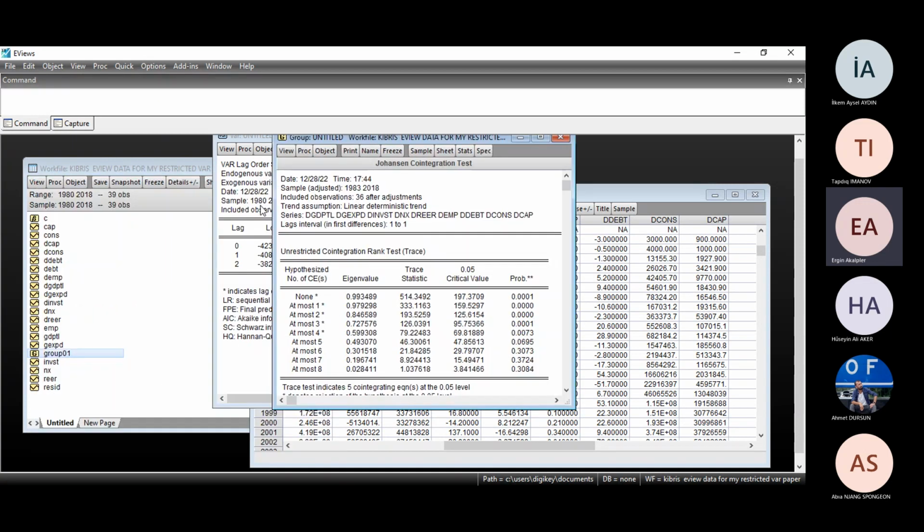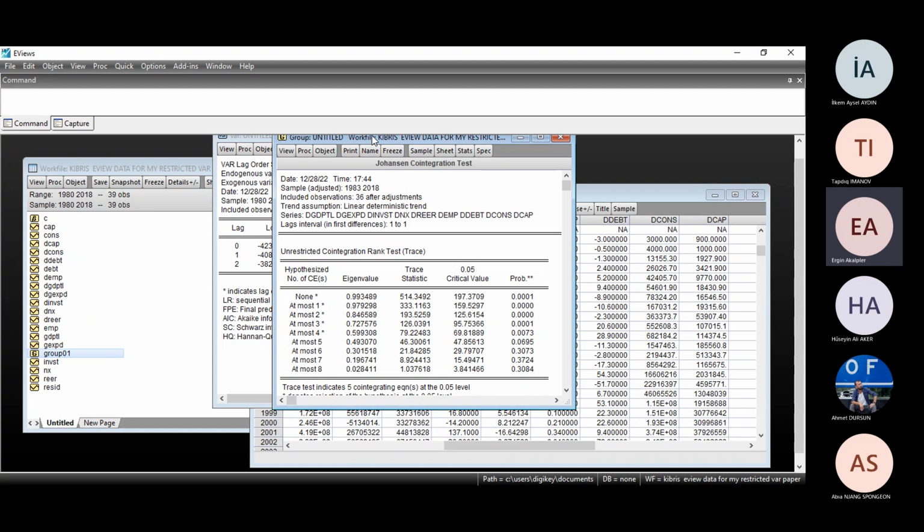Then we have this, and when we are looking here, this is also important. This is the crucial point for determining whether we are going to take the unrestricted or restricted VAR. As you know, if you remember the guideline, it is very important here. If we are going to employ the vector error correction, the trace statistics are more than the test critical value.